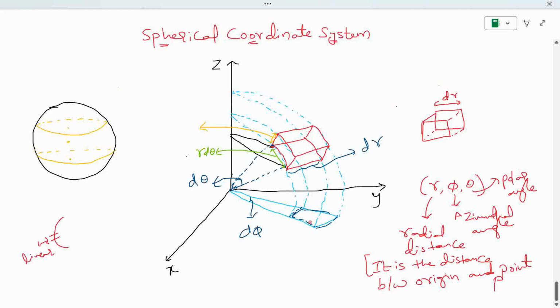So phi is, if we take the xy plane. Now how are we going to calculate phi? For this point, let's get the coordinates.